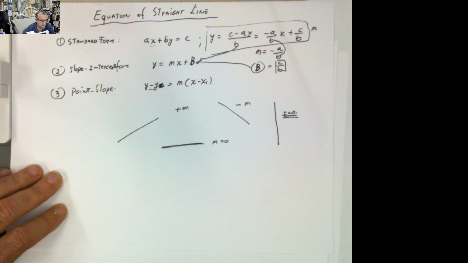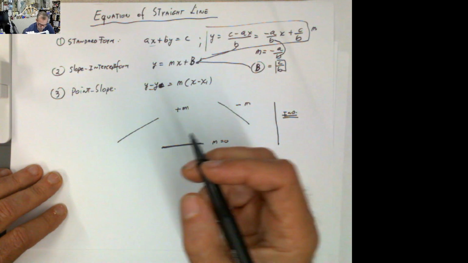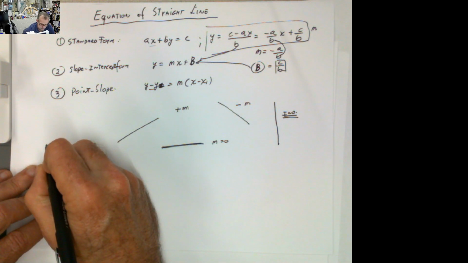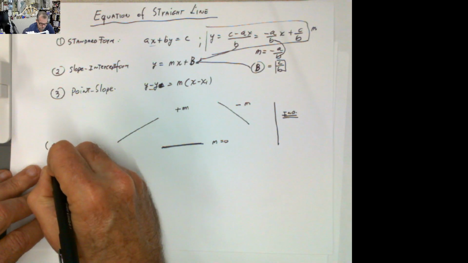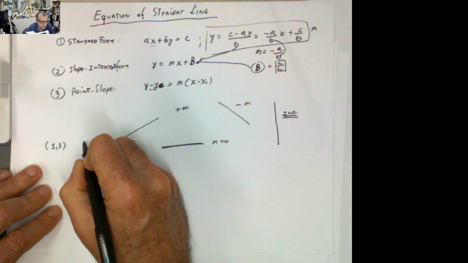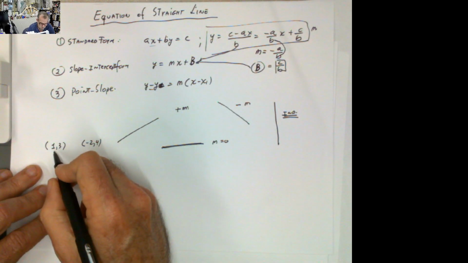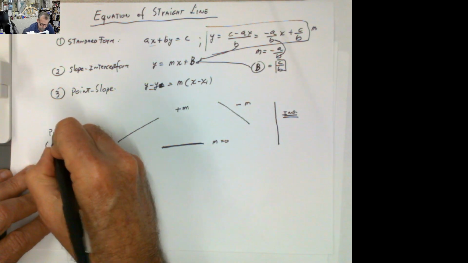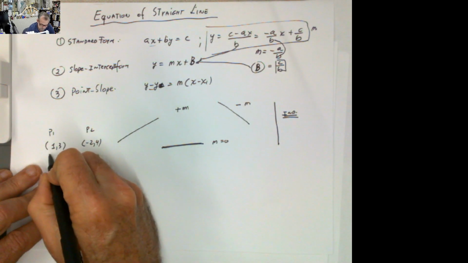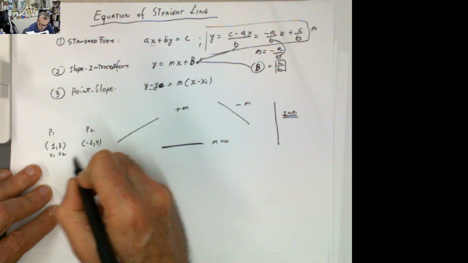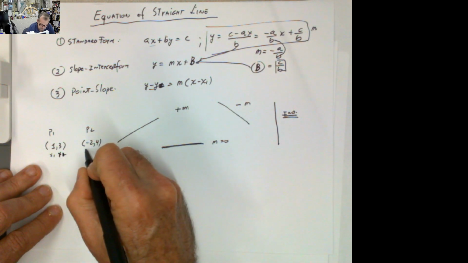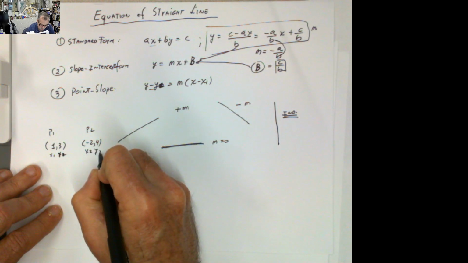If this is the question, equation of a line that passes through 2 points, let's say that you have a point 1, and the point 1 is 1, 3, and then you have a point 2, and the point 2 is negative 2, 4. This is the point 1, this is the point 2. So you can say this is x1, y1, I'm sorry, and this is x2, y2.